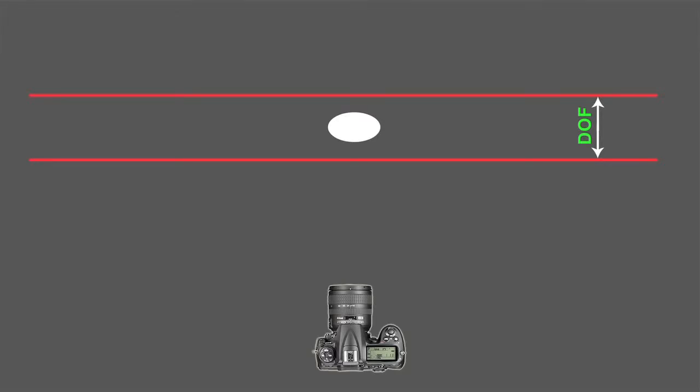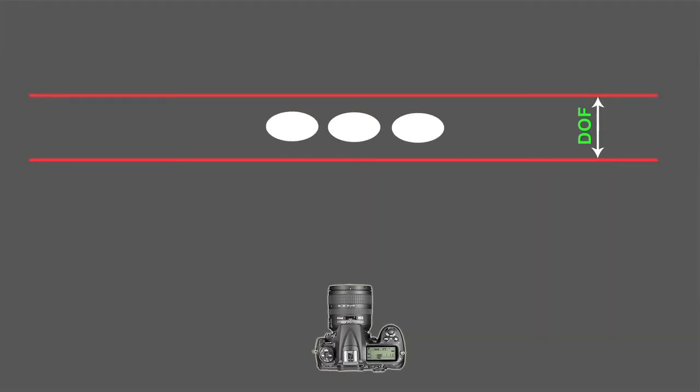Everything before the red line, closer to the camera, will be out of focus, and also everything behind those two red lines will be out of focus as well. So actually the distance between those two red lines will be the depth of field.